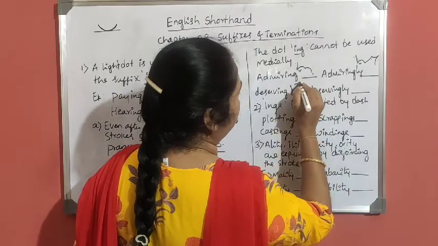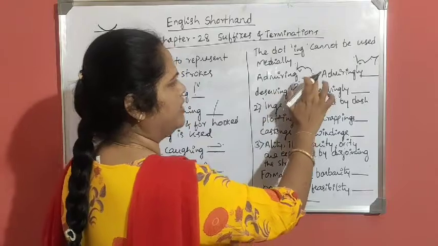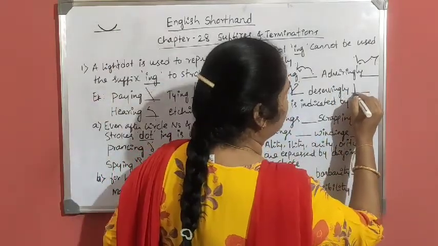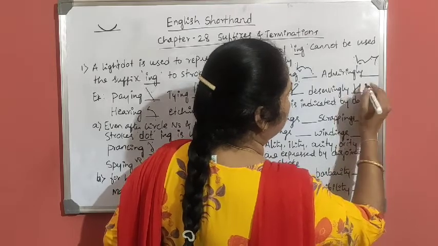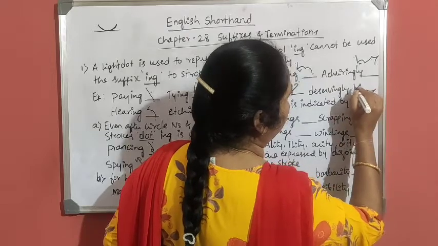This is deserving, here one dot, this indicates ing, here also this indicates ing. Here deservingly you have to write fully.